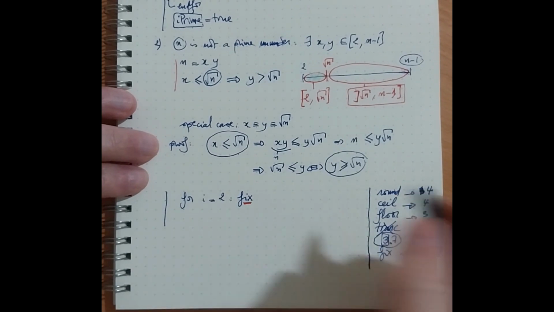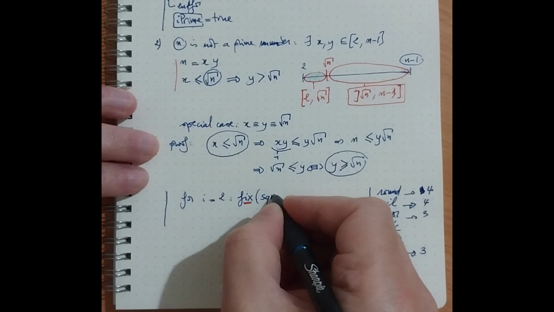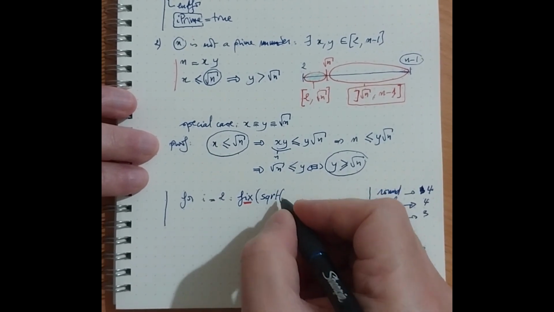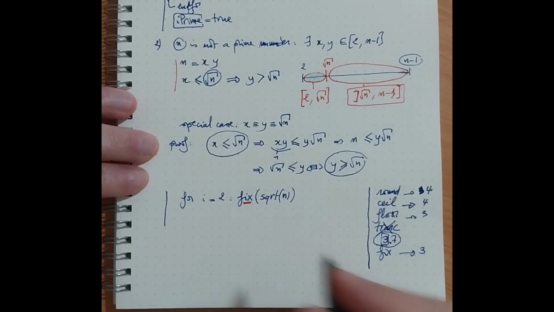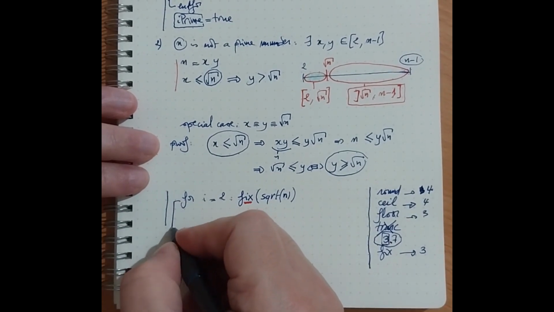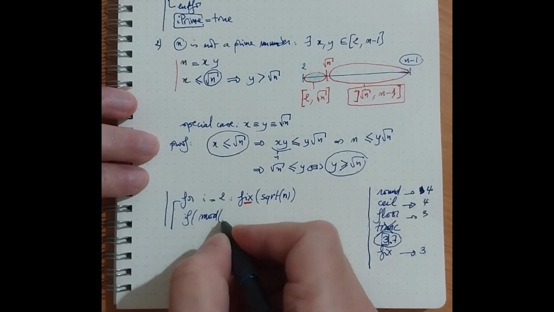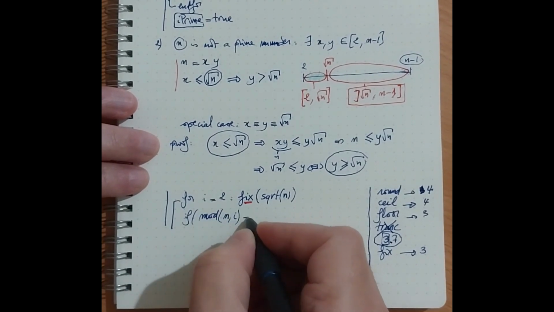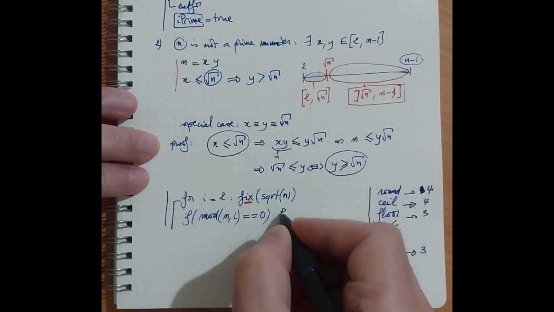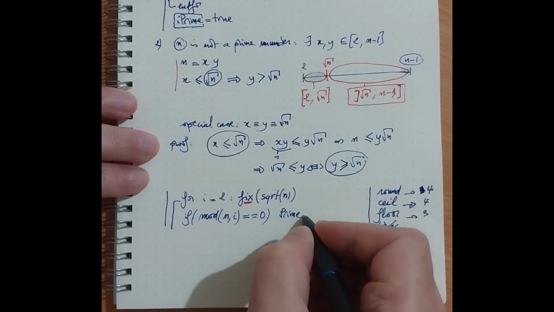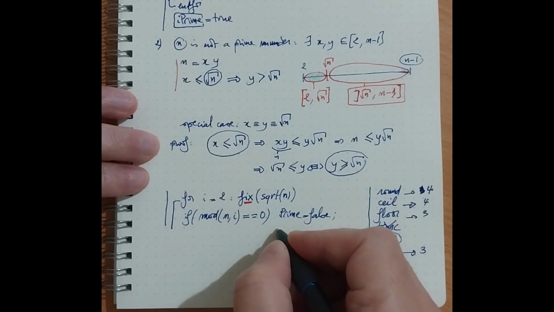So we use fix of the square root of n. And the rest is the same. That is, if the modulo of n by i equals 0, then isPrime equals false, and we return.